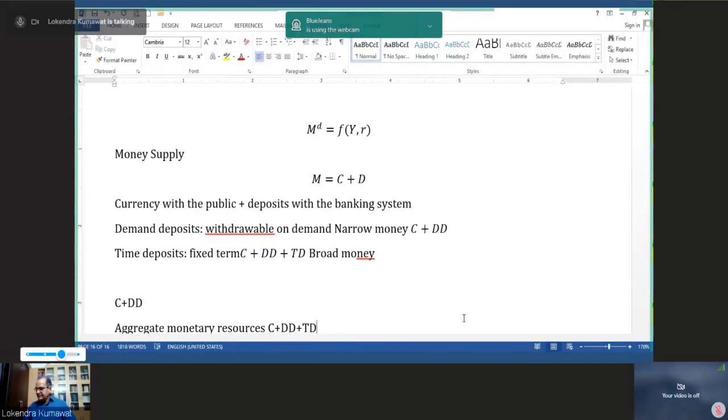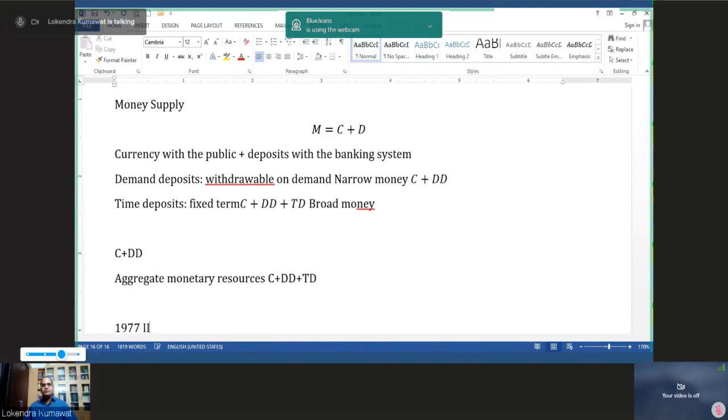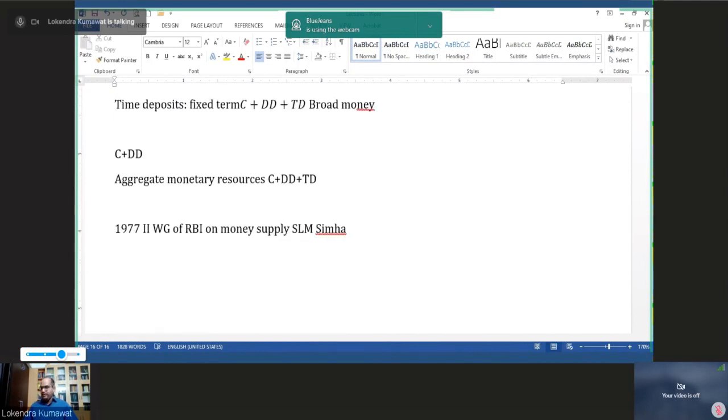Then in 1977, the second working group of the Reserve Bank of India on money supply was set up under the chairmanship of Dr. S.L.M. Simha. This working group suggested four monetary measures: M1, M2, M3, and M4.